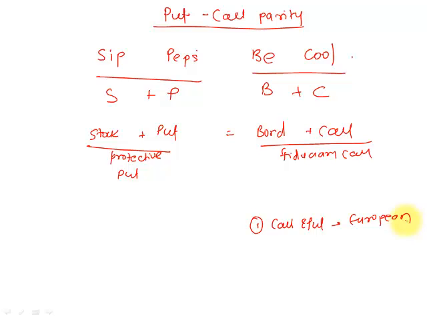It does not work on American options. The second rule was that the underlying asset of the call should be equal to the underlying asset of the put, which should be equal to the stock that we have. That means you cannot have an Infosys stock and a put option on L&T. Third, strike price of call should be the same as strike price of put.